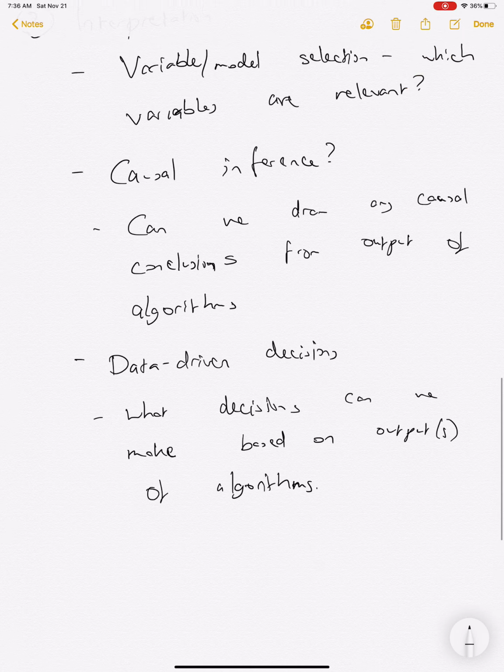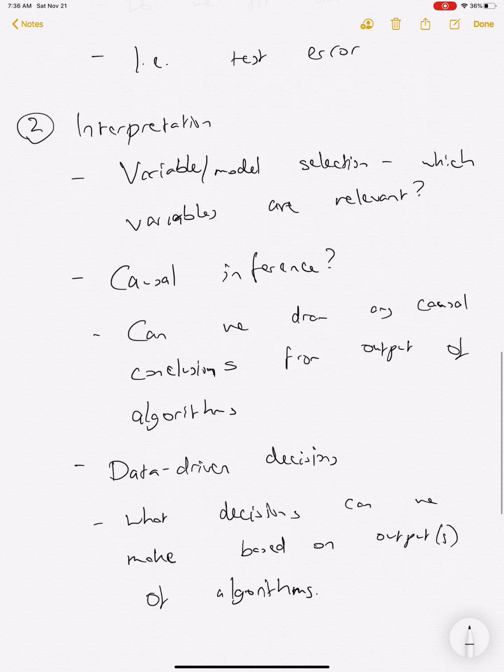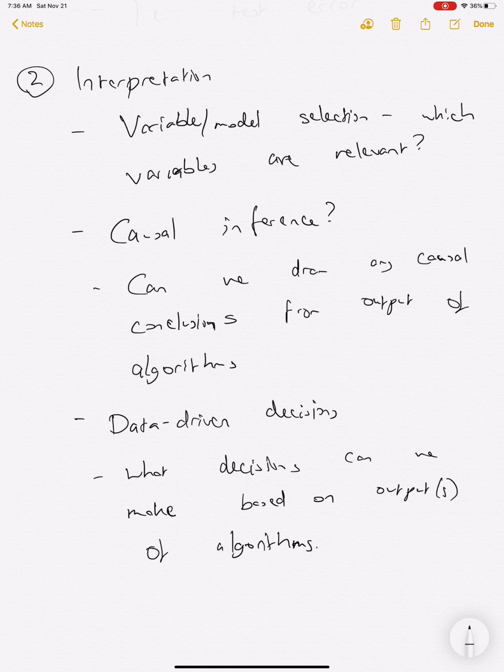This is really the heart of what we're trying to do. Interpretation is what we typically care more about. Prediction is more of a good sanity check to make sure our model is fitting things well. But what we often really care about in many applications is which variables are relevant.